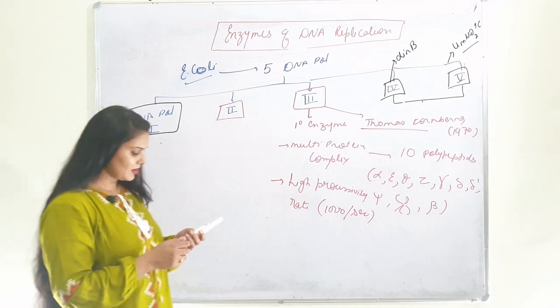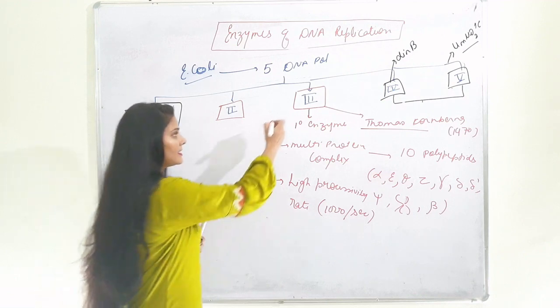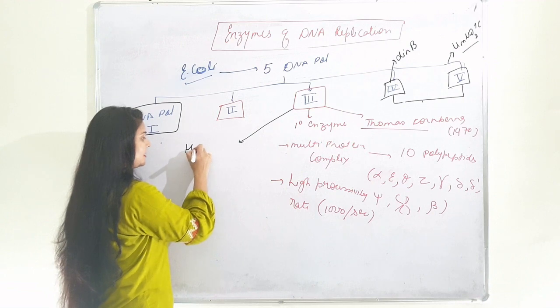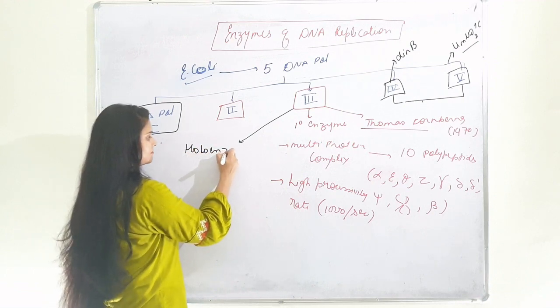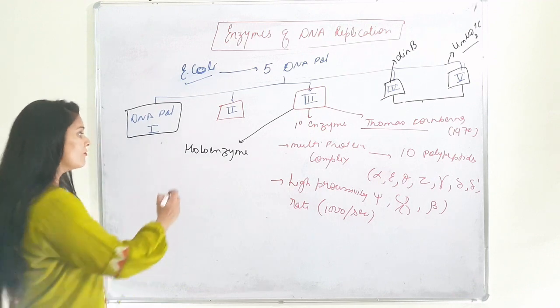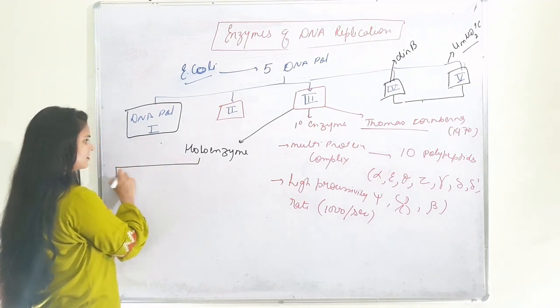Now at the replication fork, this DNA polymerase 3 enzyme is present as a holoenzyme, which consists of 4 subunits.